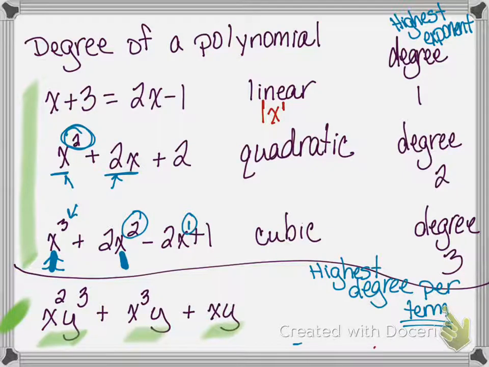So I'm not going to add those together. What's happening here? Multiplication. So I do add these together. So the degree of just that first term is when I add these two together. So what's the degree of that term? 5. Okay? What's the degree of this term, my second term, x to the third y?